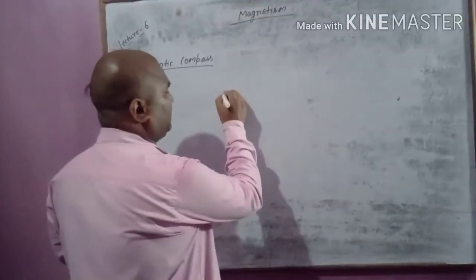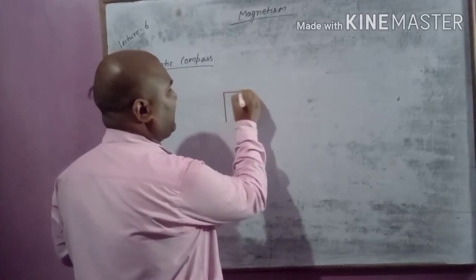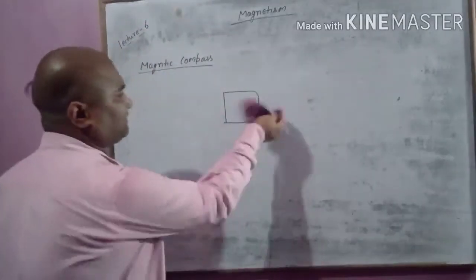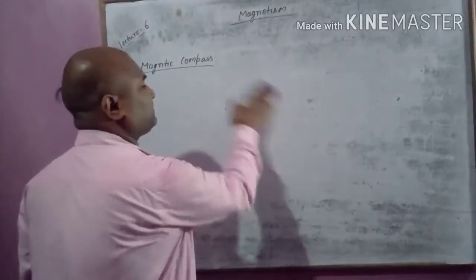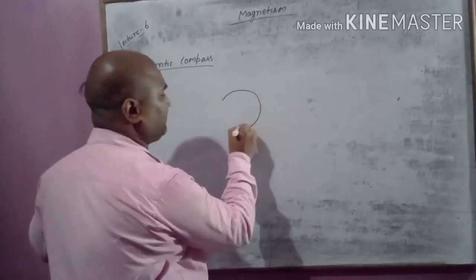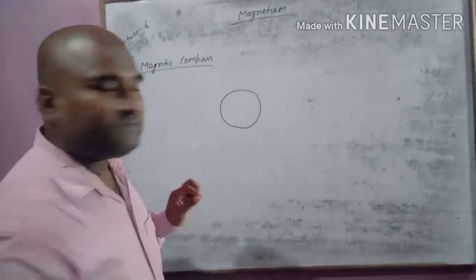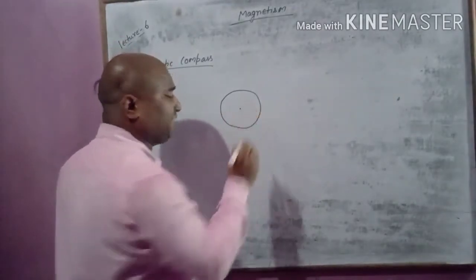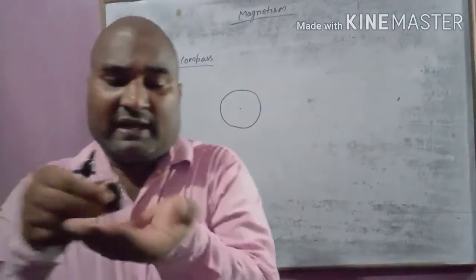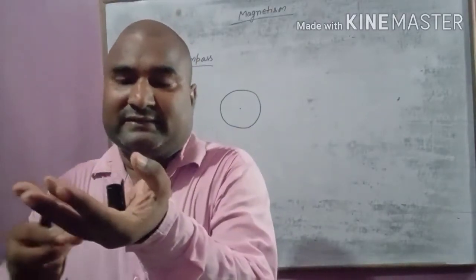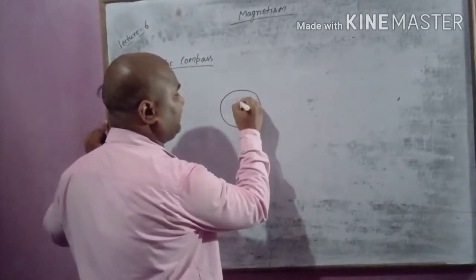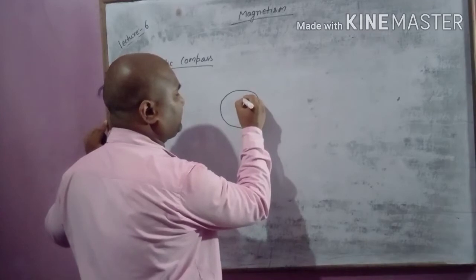A magnetic compass has a box-like structure. This box-like structure can be square or spherical, meaning circular; no matter what, it is a box-like structure. In the center there is a protruding part. For example, this is the box and there is a point like this in the center, and on the top of this there is a magnet.